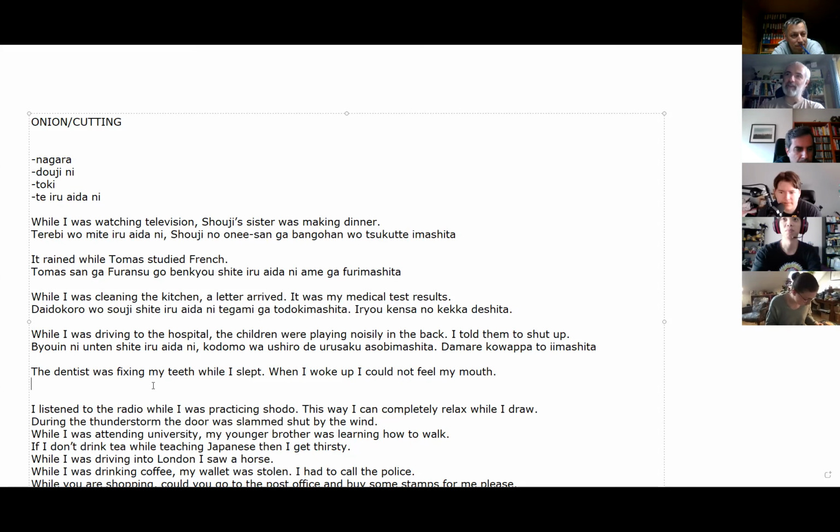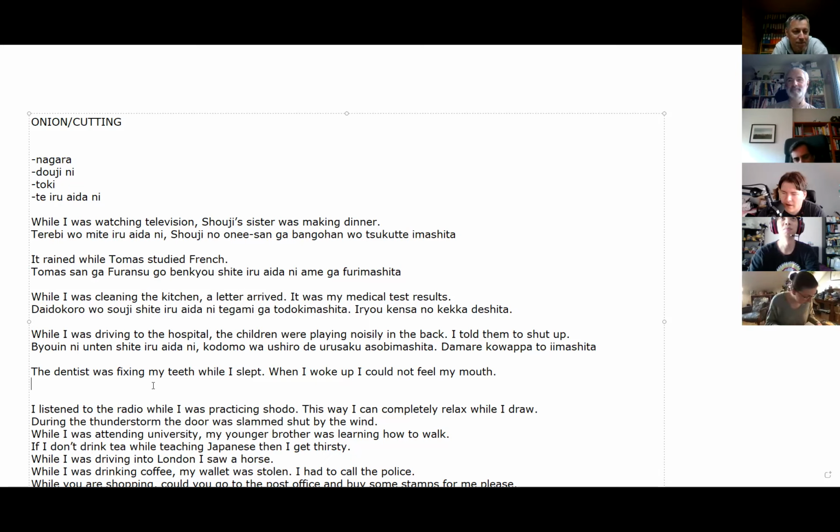There's a kind of regulation for Doji ni as well, which suggests that the two events were kind of instantaneous. And this isn't exactly instant. No, I probably first fall asleep and then he does my teeth. Right, yeah. Okay, so Toki. Okay.